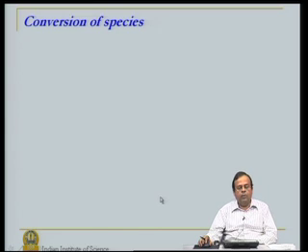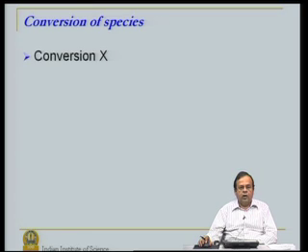We will come back to multiple reactions a little later, but let us now define another measure of progress of reaction, namely the conversion of the species. We define conversion X again for the same reaction, summation nu j A j equal to 0, that is my general reaction.